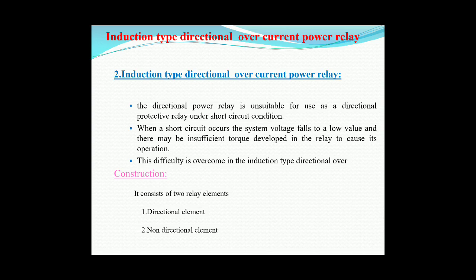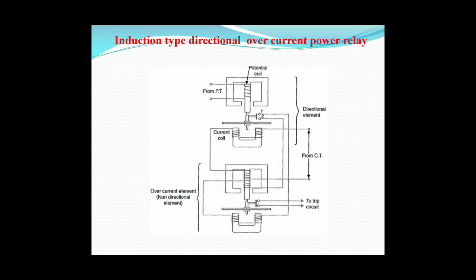This difficulty in the power relay is overcome in the induction type directional overcurrent relay. Constructionally, it consists of two parts: the first is the directional element and the second is the non-directional element.